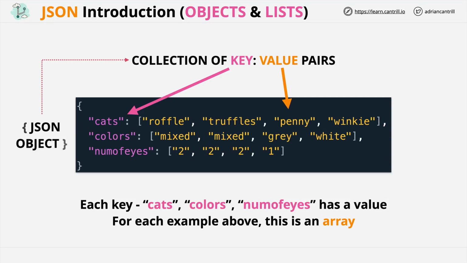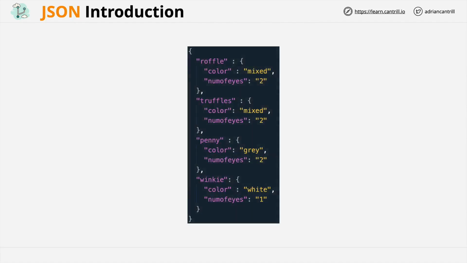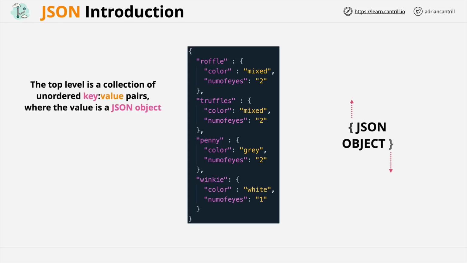Now JSON documents aren't limited to just arrays. They can be much more complicated, like this example. Now this is a JSON document, and every JSON document starts with the top level object, which is an unordered list of key value pairs surrounded by curly brackets. This object has four key value pairs.